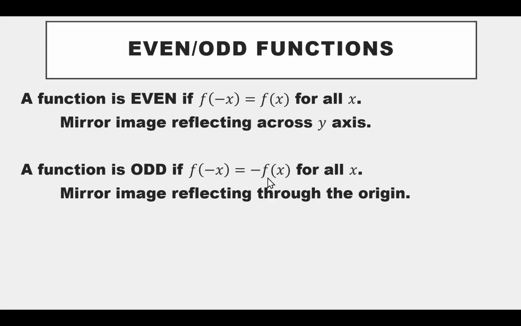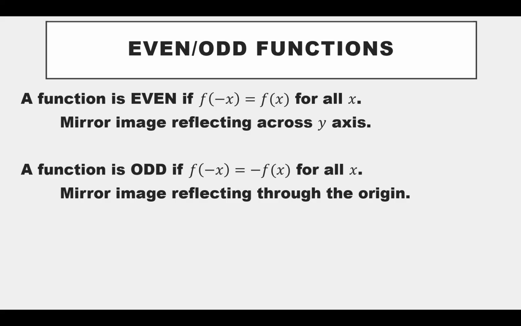So for instance, if I plugged in a 2 and got an output of 3, then plugging in a negative 2 would give me an output of negative 3. If I plugged in a 2 and got an output of 16, I'd plug in a negative 2, I'd get an output of negative 16. And the same is true for all other x values.